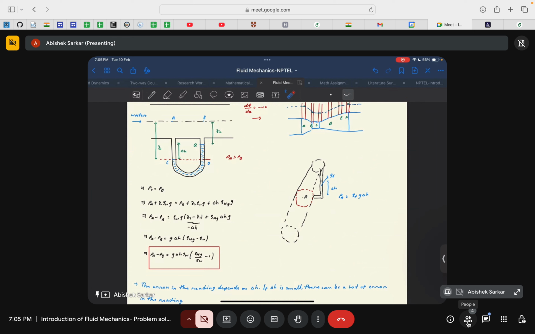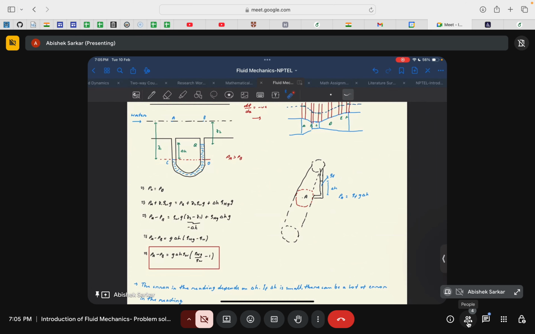Now, points C and D are at the same level, and the liquid in which we are measuring the height is also the same. I am measuring the height of this datum at the mercury only. Here CD is of course a water and mercury interface, but mercury is still there.